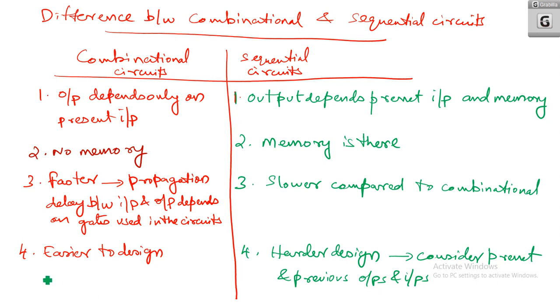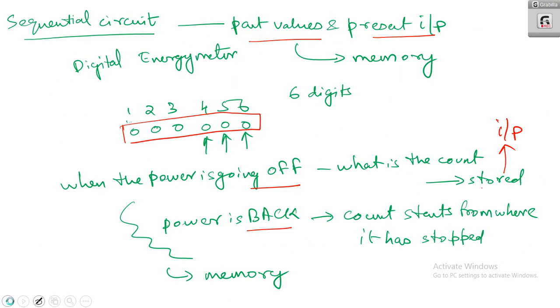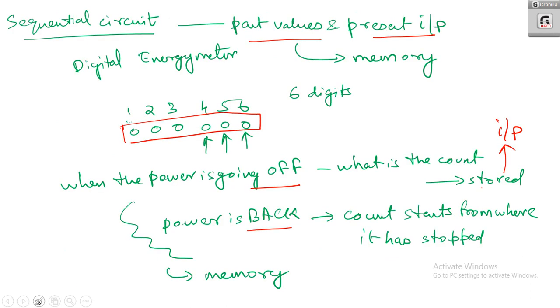So this short lecture was an introduction to sequential circuits. We started with combinational circuit. So what is a combinational circuit? It is basically a circuit whose output depends on the present value of inputs, whereas in a sequential circuit it depends on past values of inputs as well as present value of inputs, which means that it requires a memory.